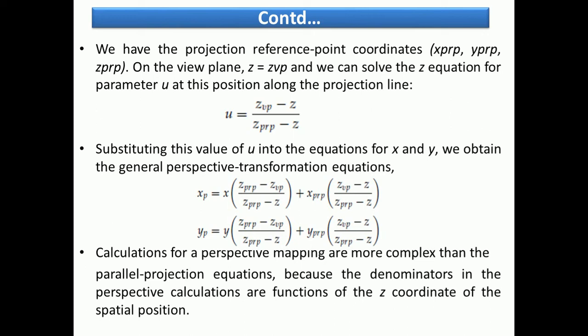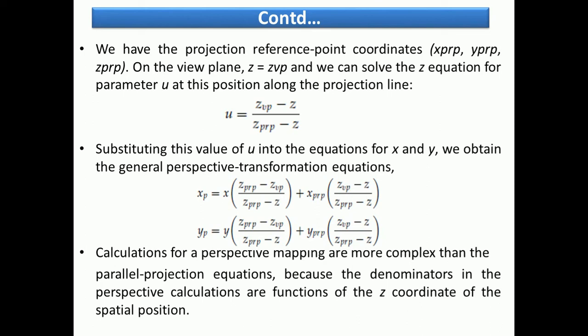The calculations for a perspective mapping are more complex than the parallel projection equations. By observing these equations, you can note that the calculations for perspective mapping are more complex than the parallel projection equations, because the denominators in the perspective calculation are functions of the z coordinate of the spatial position.